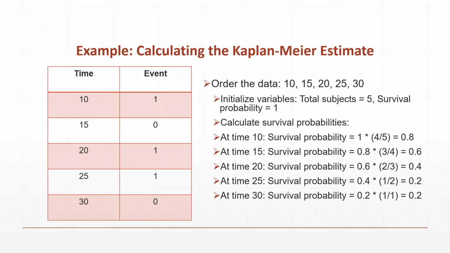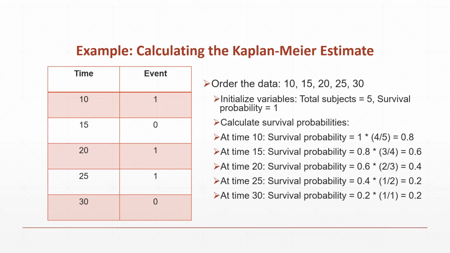Imagine we have data for a group of individuals and their event times are 10, 15, 20, 25, and 35 units of time. Some experienced the event, denoted as 1, while others were censored, denoted as 0. We start by ordering the data and setting the initial survival probability to 1.